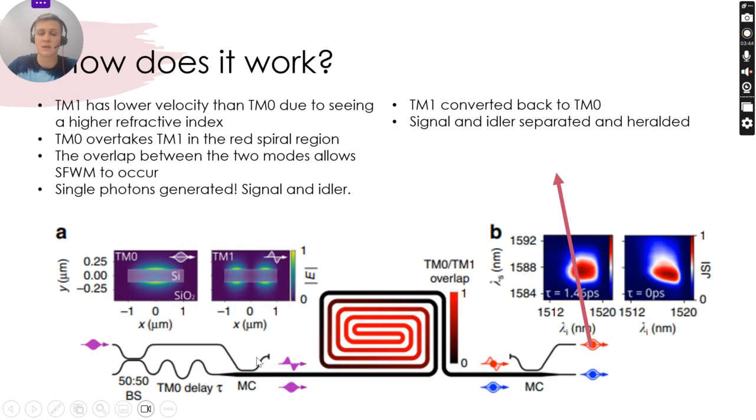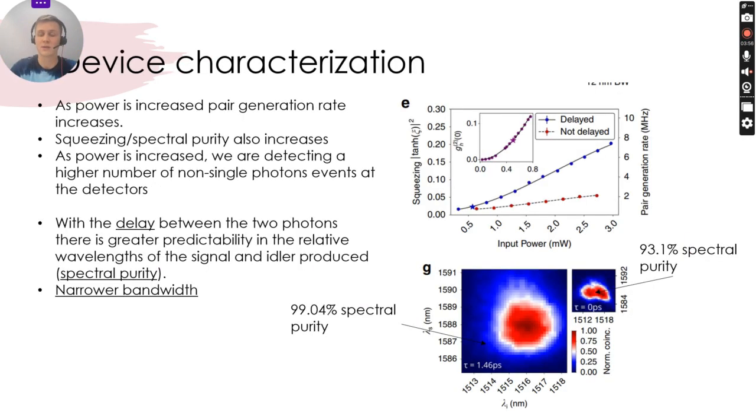And as I said, this delay here allows the two photons to completely overtake each other. So they have a full overlap of the entire energy field as they pass through this spiral waveguide. And so that kind of increase in interaction time between the two modes co-propagating down the spiral will give you a higher probability of generating photon pairs.